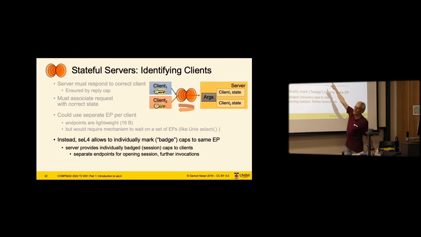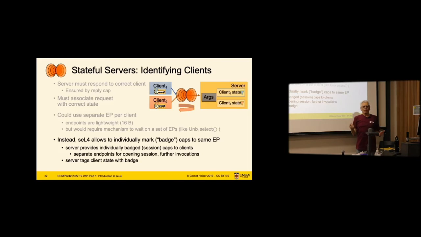And I symbolize them by these colored triangles. So the blue client has a blue badged capability on the endpoint, and the orange client has an orange badged capability on the endpoint. And the server uses these badges to identify the client state. And importantly, when the client invokes the endpoint using such a badged capability, the kernel delivers that badge to the server.